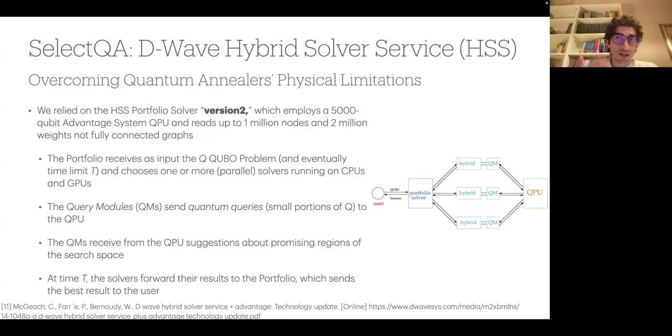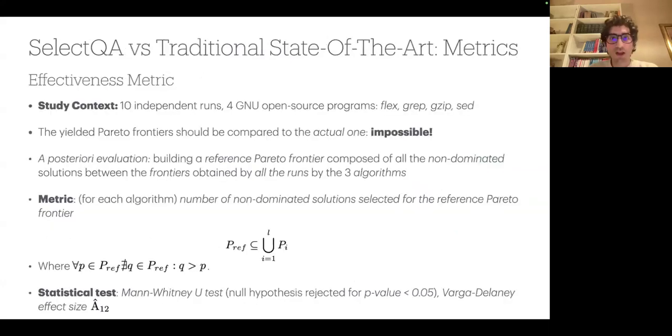Once we arrive at time t, or if all the solvers finish their execution, all of them return their best solution to the portfolio solver, which selects the best one and sends it back to the user.